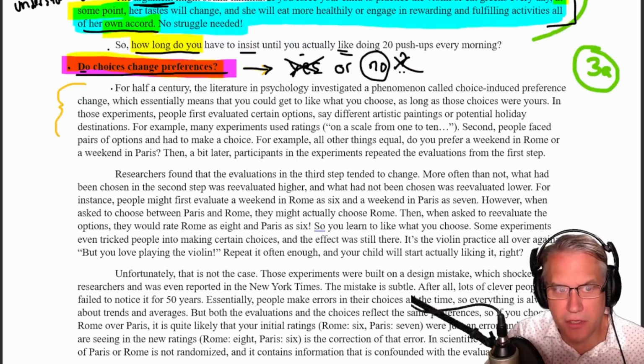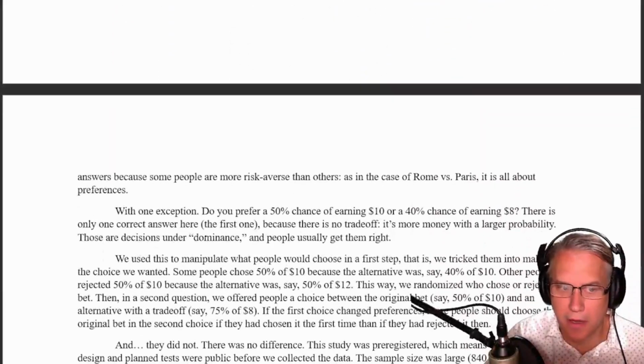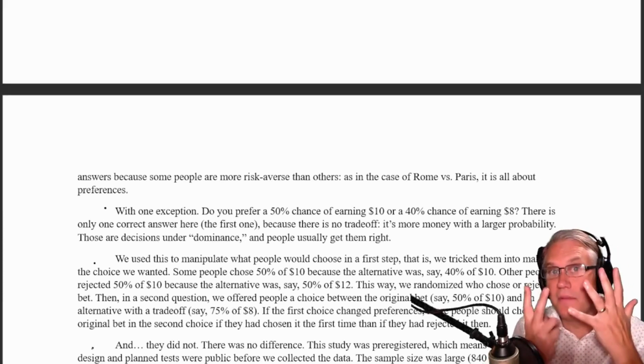So for the next 1, 2, 3, 4, how many paragraphs do we have? 4, oh my gosh, 5, 6, 7. So 7 paragraphs.